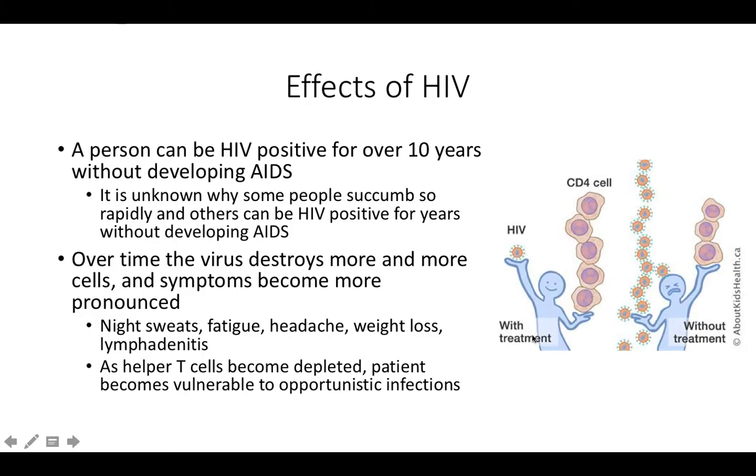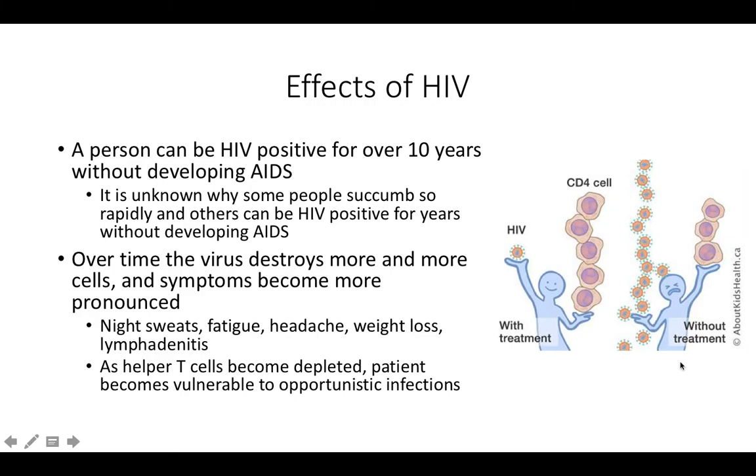And so this is a person who has treatment. They have the one virus cell here and a lot of healthy T cells. This is a person without treatment. The virus has replicated and destroyed a lot of those T helper cells, so they have very few healthy lymphocytes.